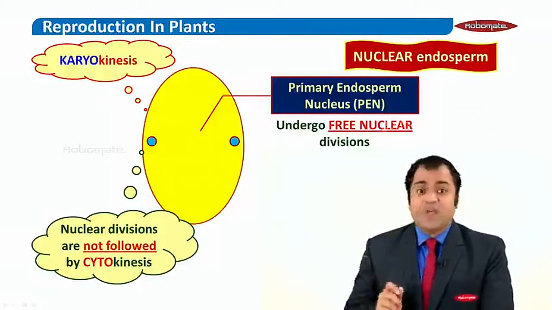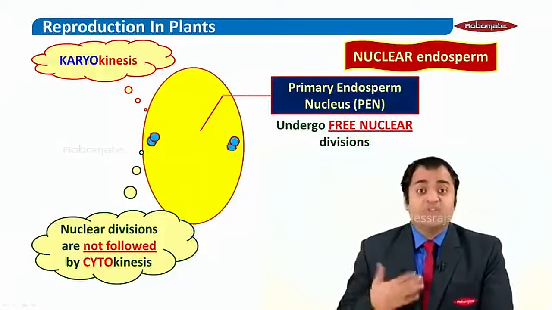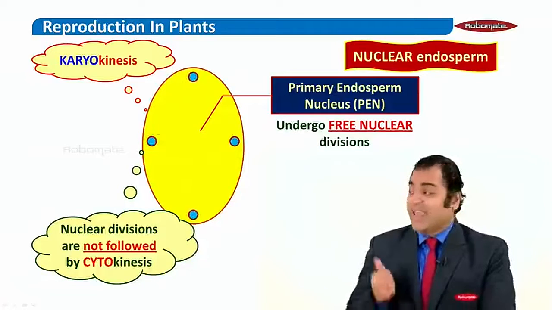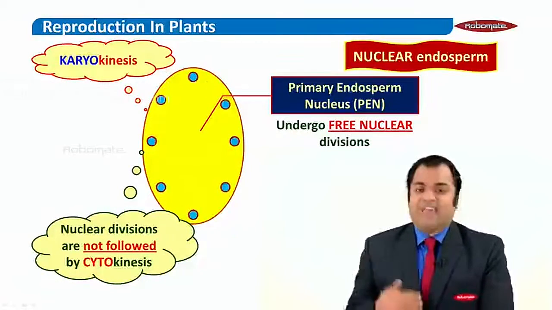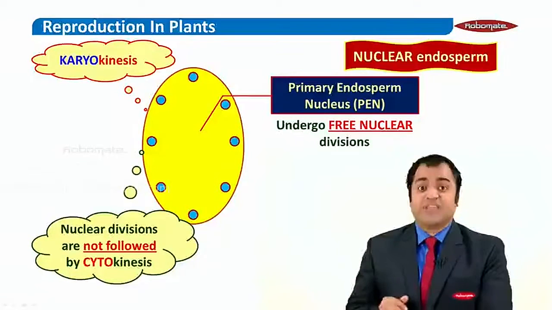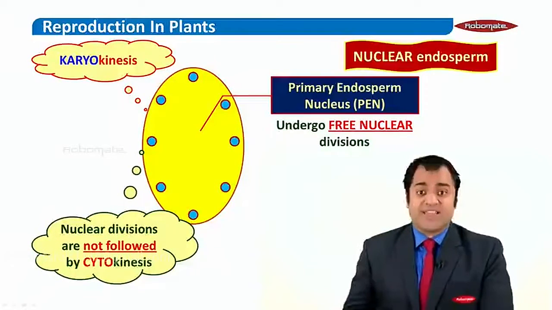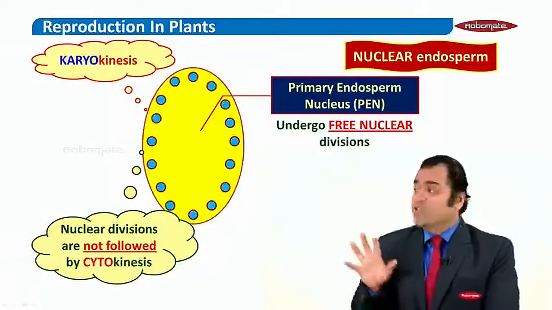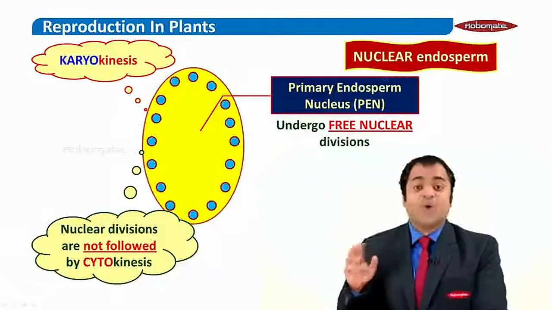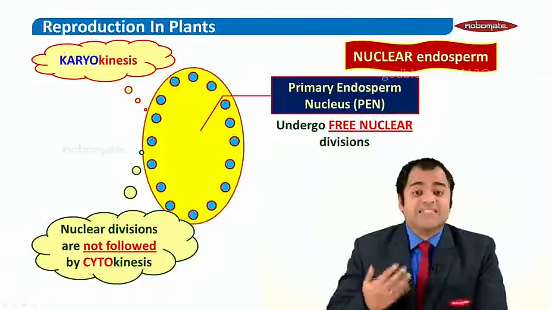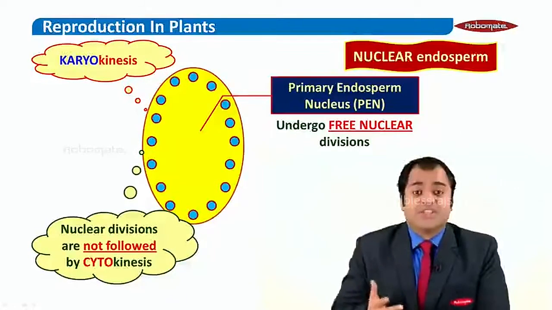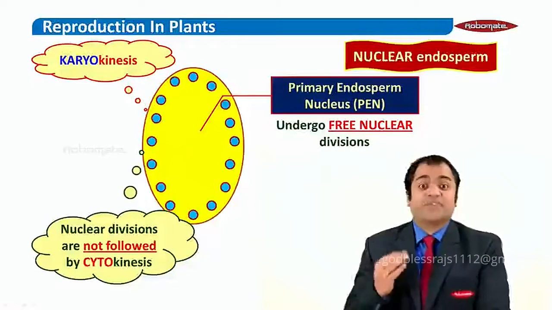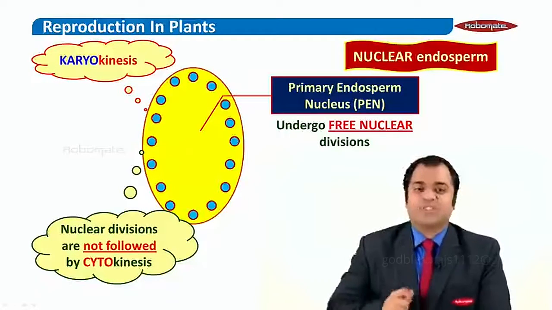Now these two will further divide to give you two more, then they will further divide to give you two more, and finally, they will further divide to give you yet two more. Does that make sense? So what you are really seeing here is only the nucleus dividing. That is why it is called free nuclear division, and you can also call this free nuclear endosperm.